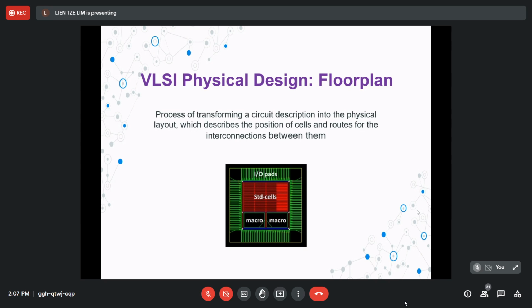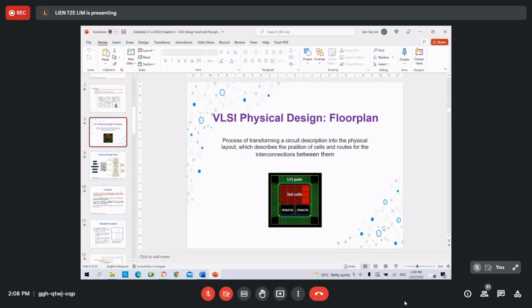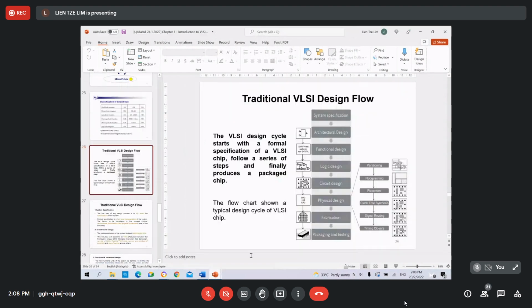To help you recall, in the VLSI design flow there are different levels of design for the chip. The VLSI flow that I mentioned before is this one, the VLSI design flow in chapter 1.